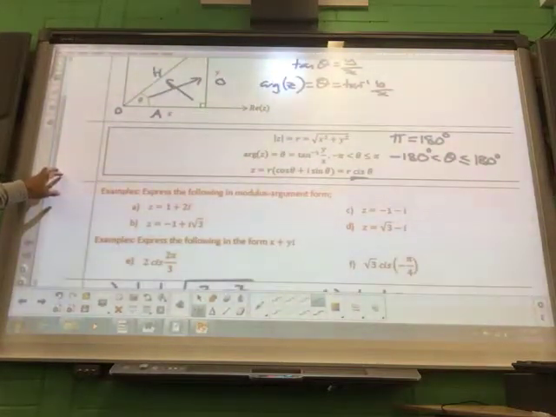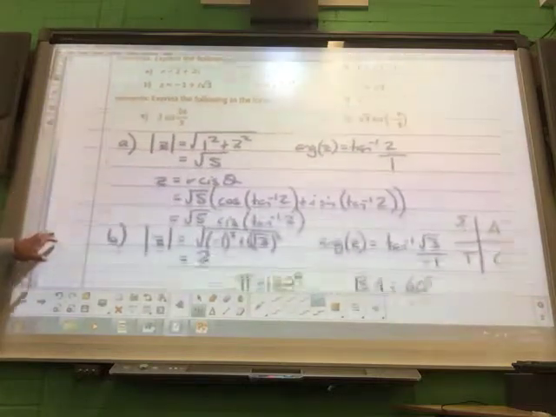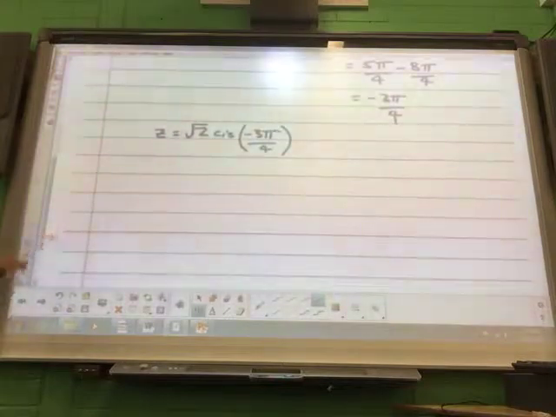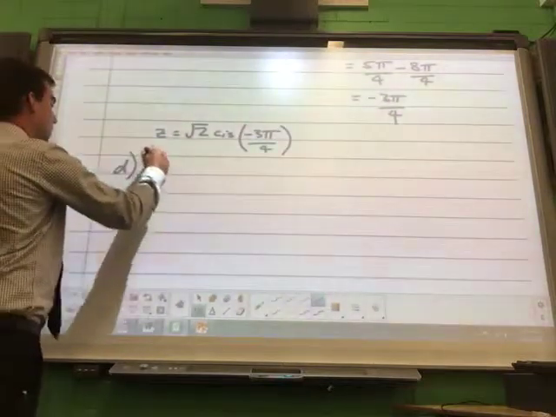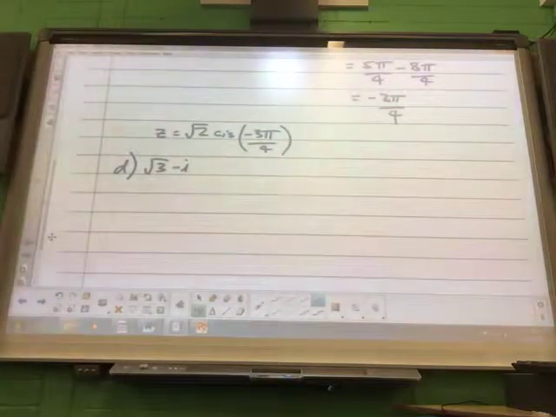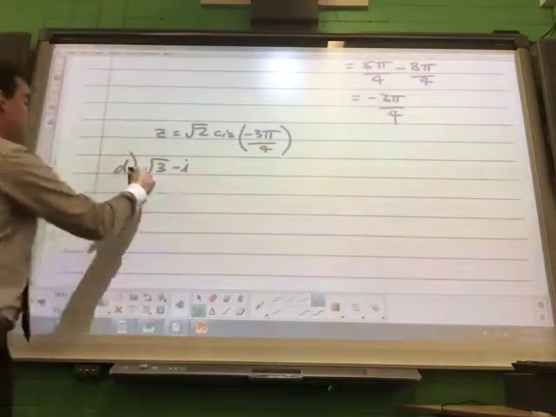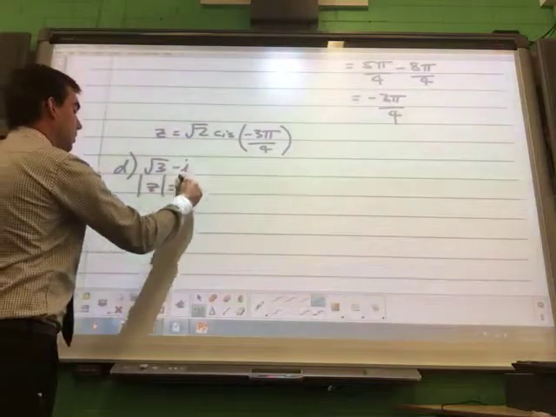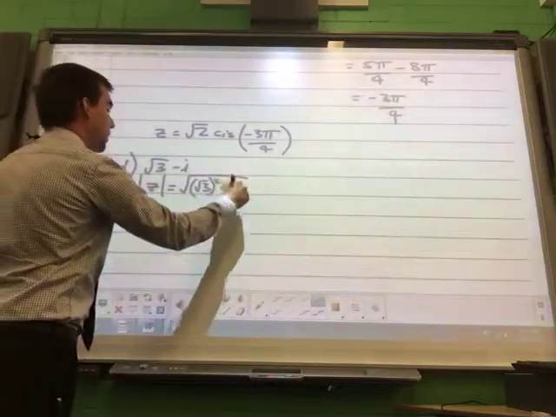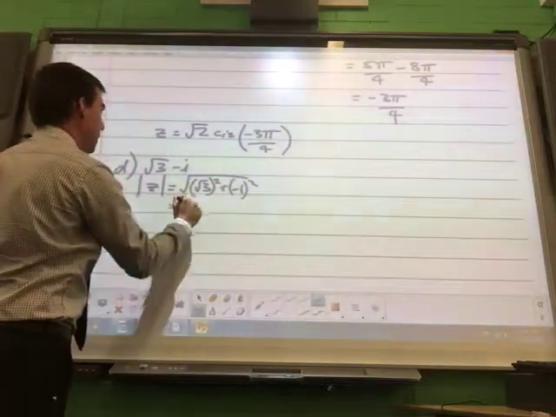Root 3 take away i. Modulus argument form. So the modulus is the square root of root 3 squared plus -1 squared, which is 2.